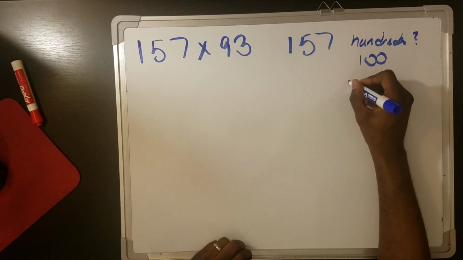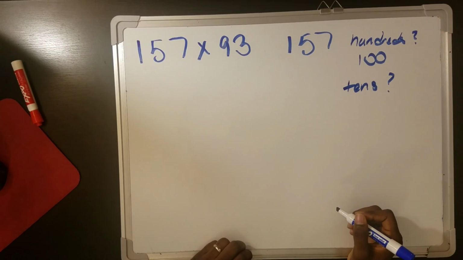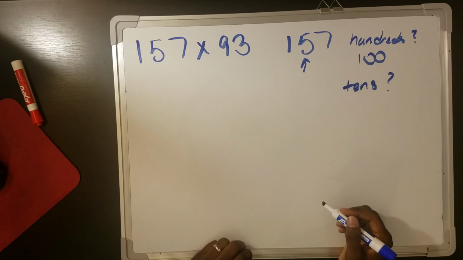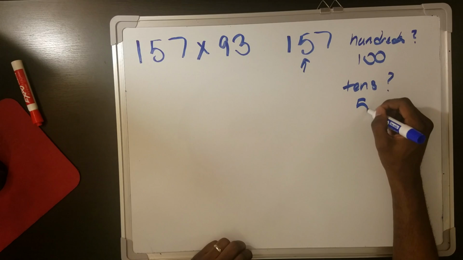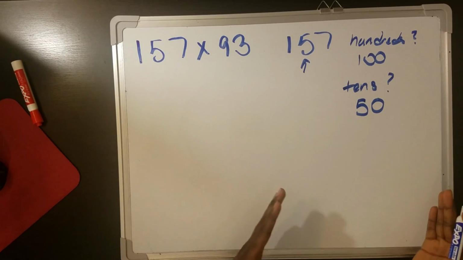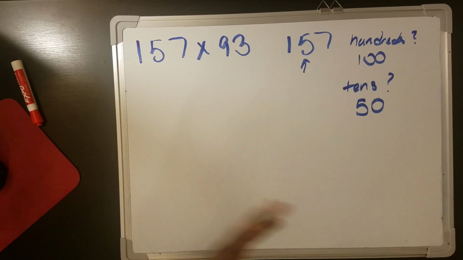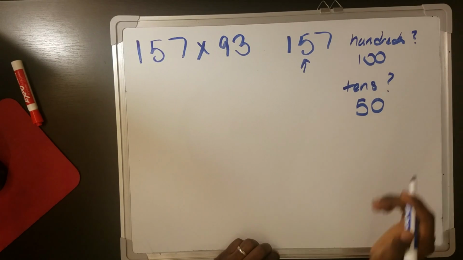How about tens? Does it have a tens place? Yes. That 5 lets us know we have 5 tens. So remember, if you add up 5 tens, 10 plus 10 plus 10 plus 10 plus 10, you get 50. 5 tens gives you 50.